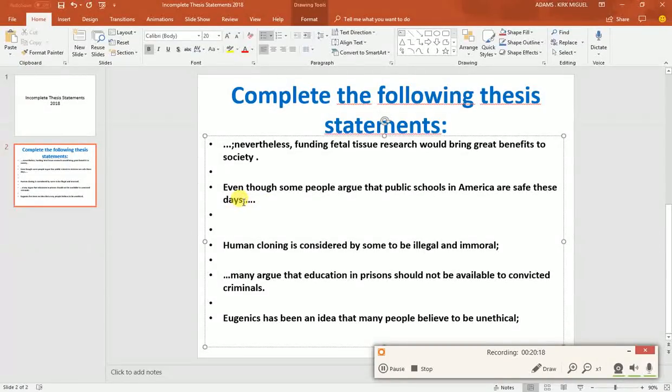Well, the opposite side argument, with just a little imagination, would be that public schools really aren't so safe these days. Okay, that's in the news. We all know that that information is out there. So what's happening in this one?